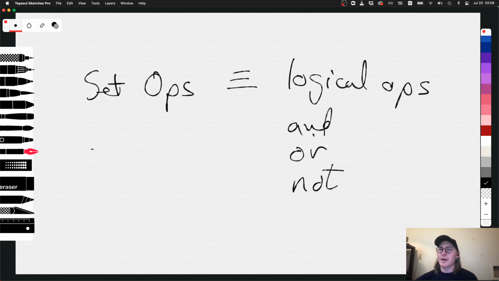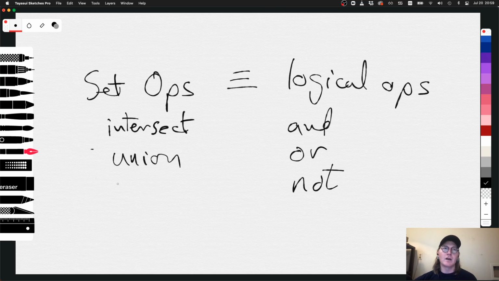We use them all the time. The equivalent set operations are intersection, union, and complement.